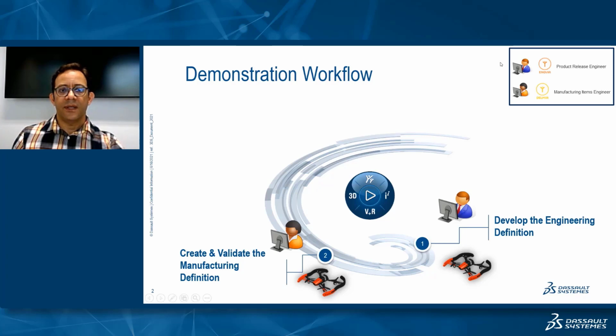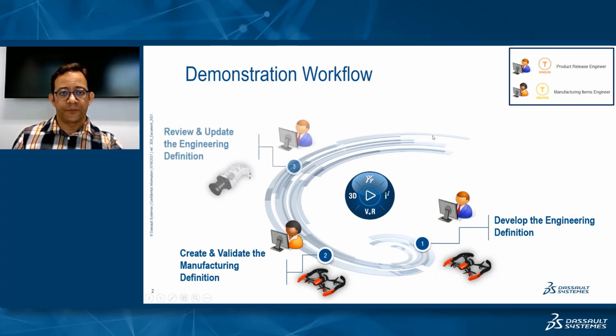That is the part that has a clash in this assembly station. So the product release engineer now needs to review and re-update that support in order to make sure it works correctly, and the clash that was found earlier will not be there anymore.